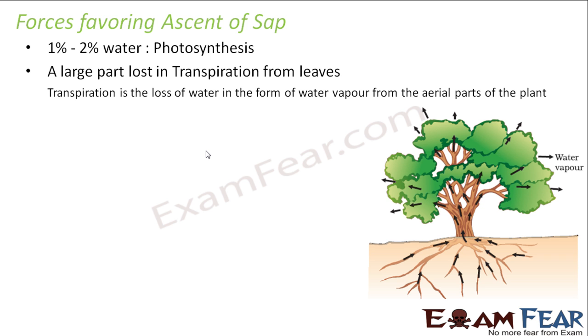What happens to the remaining water? A large part is lost in transpiration from leaves. When water from the soil reaches the aerial parts of the plants, most of it is lost into the atmosphere from the leaves, and this process is known as transpiration. It is the loss of water in the form of water vapor from the aerial parts of the plant.